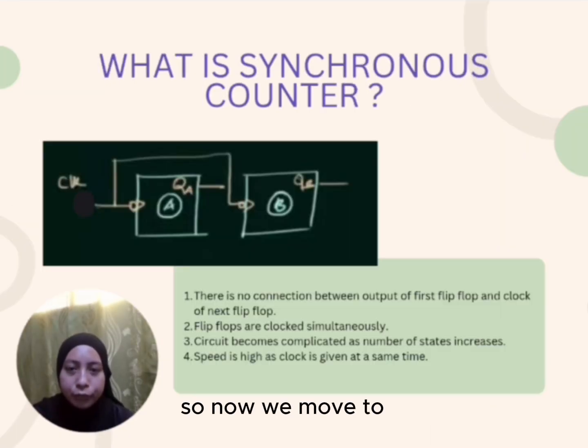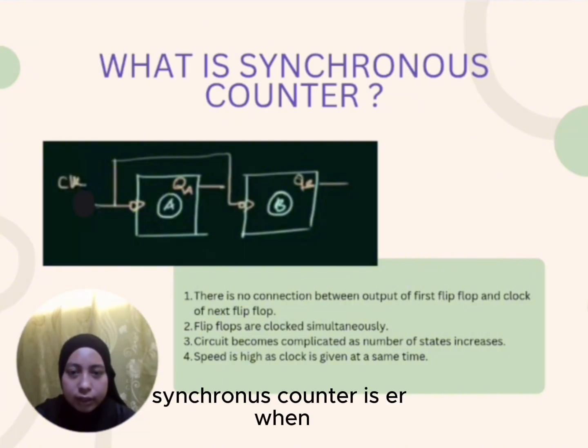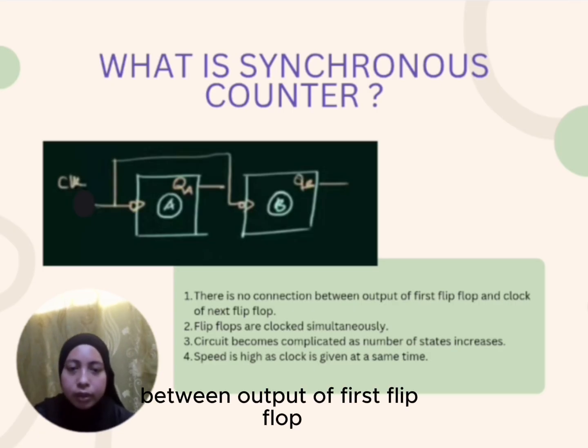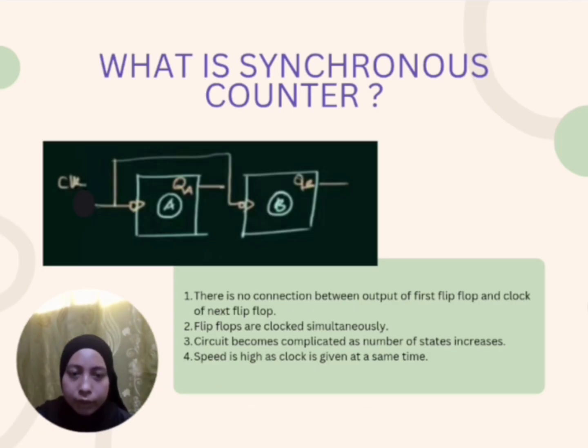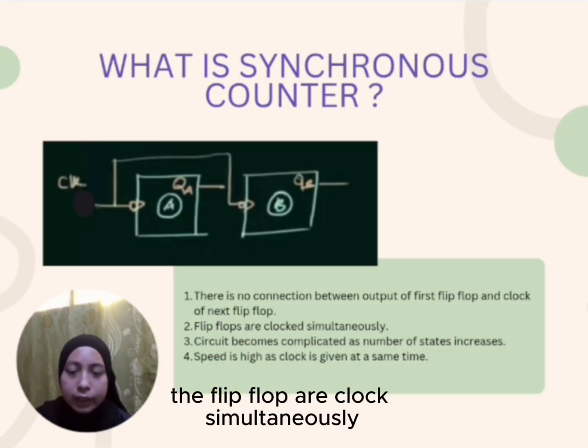So now we move to synchronous counter. What is synchronous counter? Synchronous counter is when there is no connection between the output of the first flip-flop and the clock of the next flip-flop. So the flip-flops are clocked simultaneously.